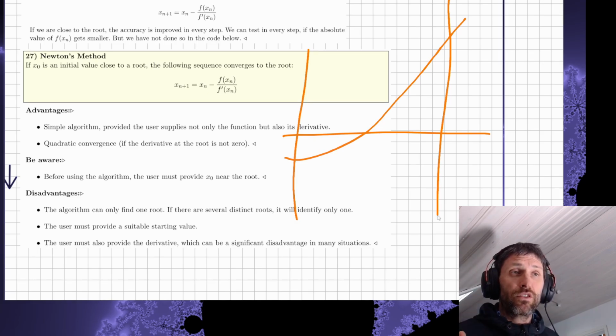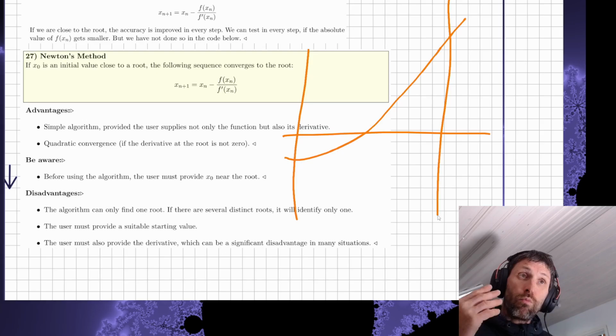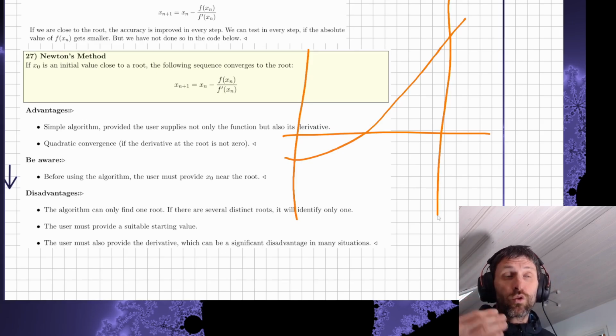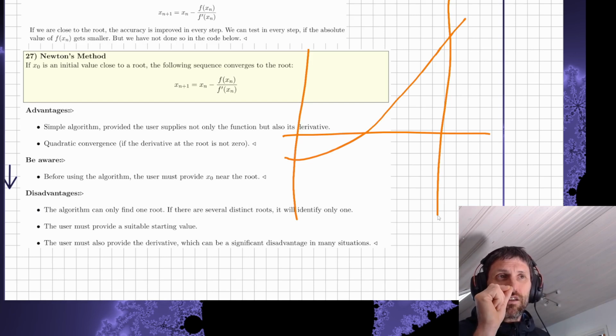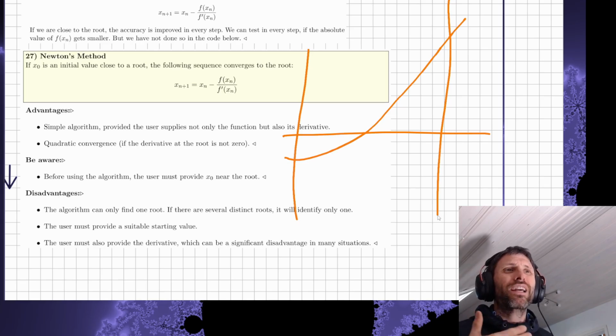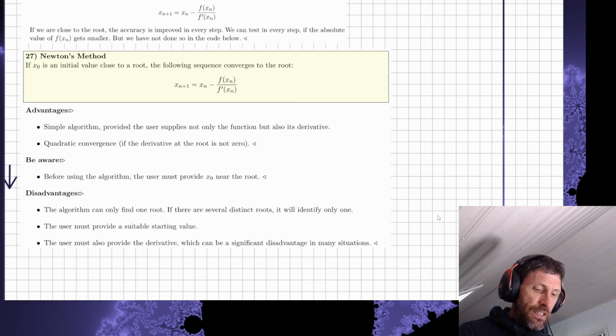Finding starting values is not a hard task, but for other functions it is, and especially if you have more than one root and you want to find all of them, then you have to use an initial starting point for every root. But how can you know them if you are looking for the roots?